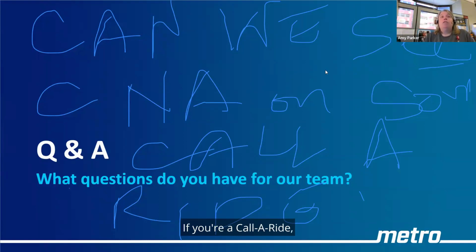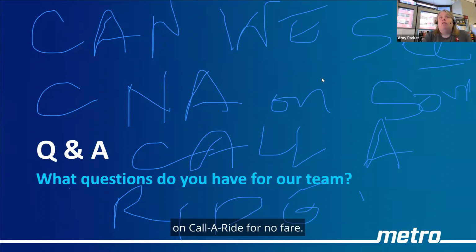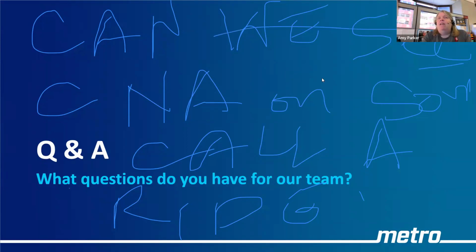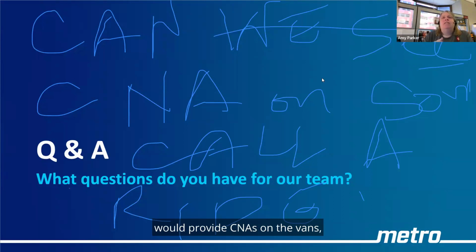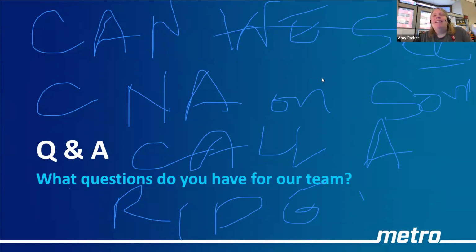If you're an ADA paratransit eligible person, your personal care attendant can ride with you on Call-A-Ride for no fare. You would just let them know you have an attendant. But if you're asking if Call-A-Ride would provide CNAs on the vans, I'm pretty sure the answer to that one is no.